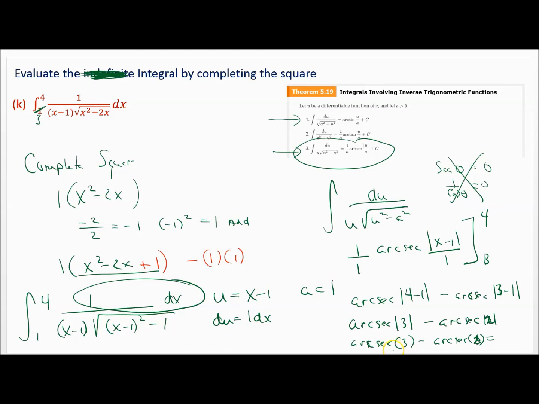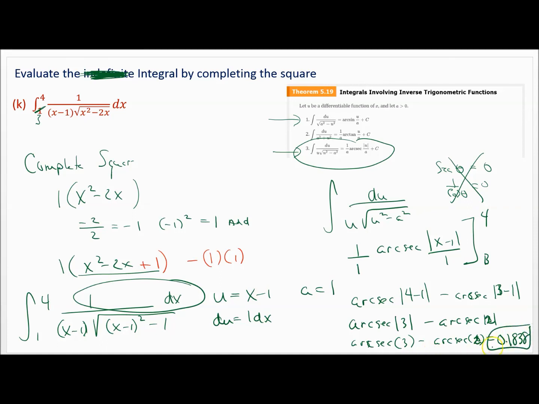Now arcsecant would be 1 over arc cosine of 3 minus 1 over arc cosine of 2. And then that will give you your final answer, which is 0.1838.